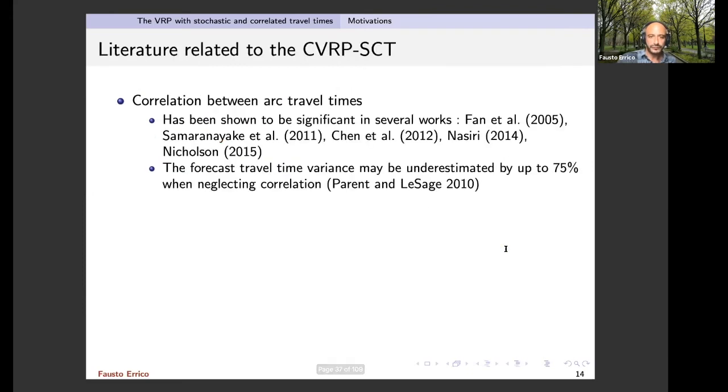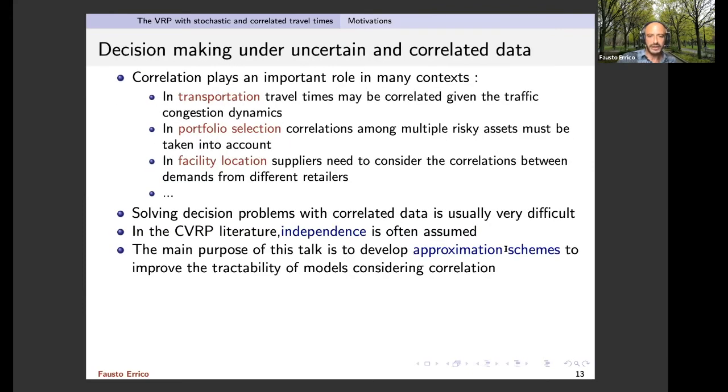The main point here is that we are going to first present a general approach for addressing decision-making under uncertain and correlated data. And then we're going to detail this on the vehicle routing problem.